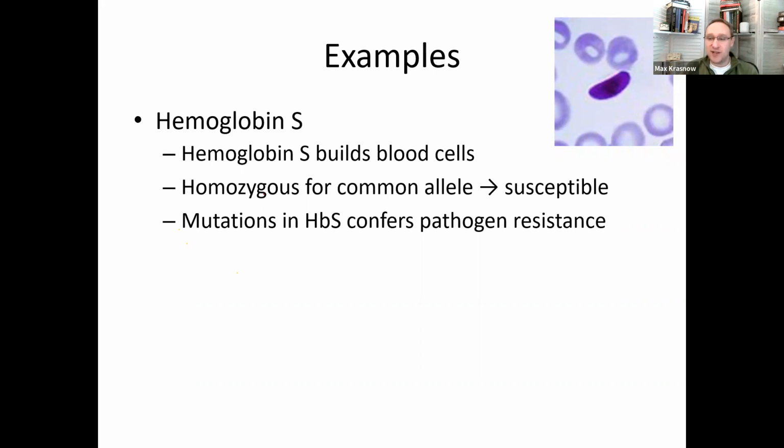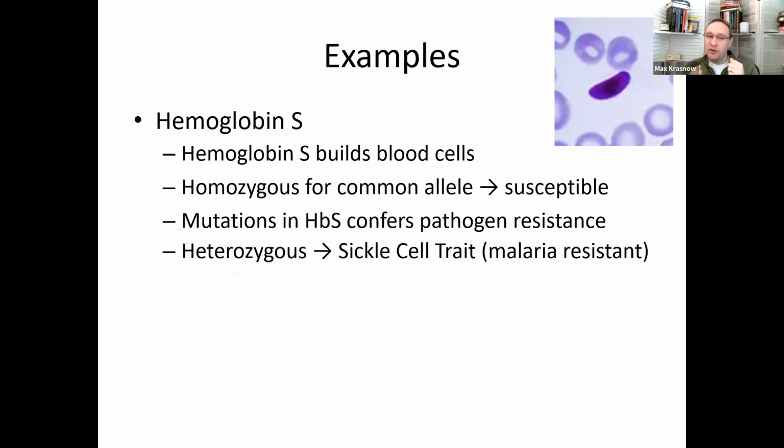But mutations that change the biochemistry of hemoglobin S make you more resistant to malaria. And so when those mutations are rare, they're under positive selection. And if you only have one of them, you have what's known as sickle cell trait. You have the ability to have a child that has sickle cell, but you yourself don't have sickle cell. You just carry one of the genes for it.